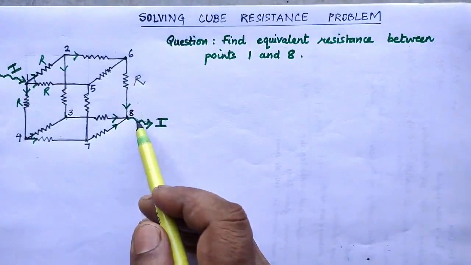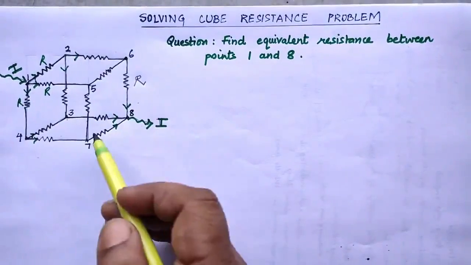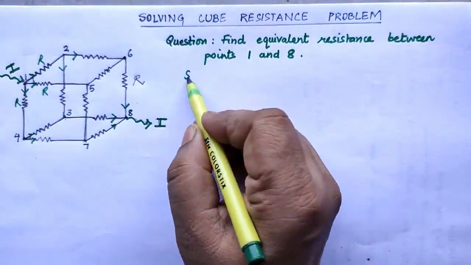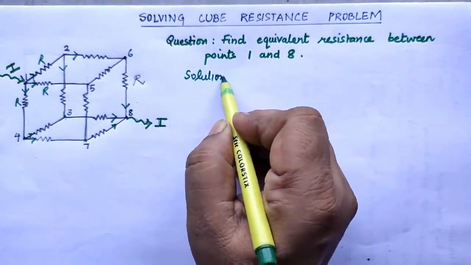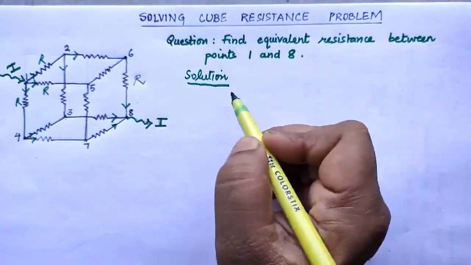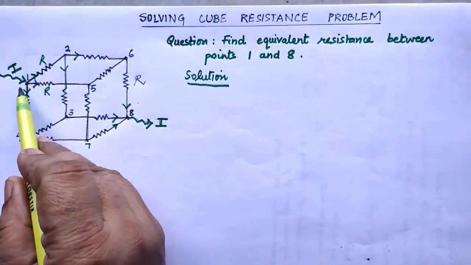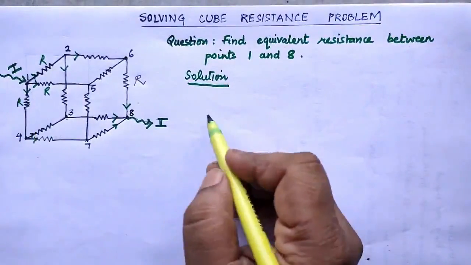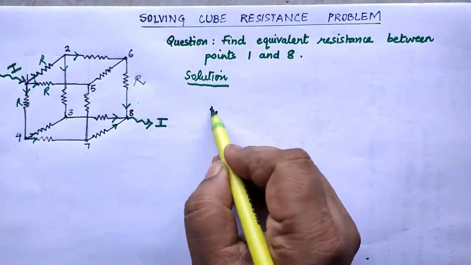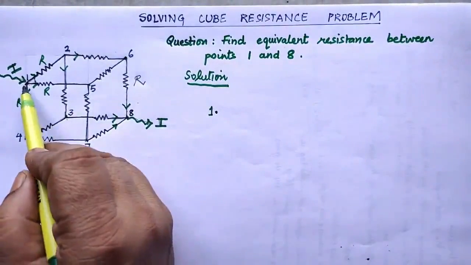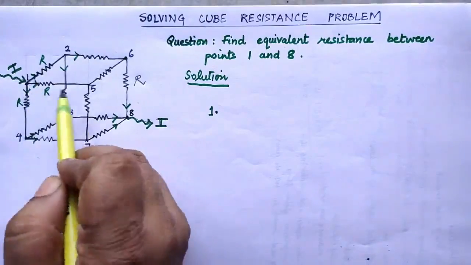So what I have just told you, now I am going to redraw. For drawing this, I will take point 1. From point 1, I told you there are 3 paths.